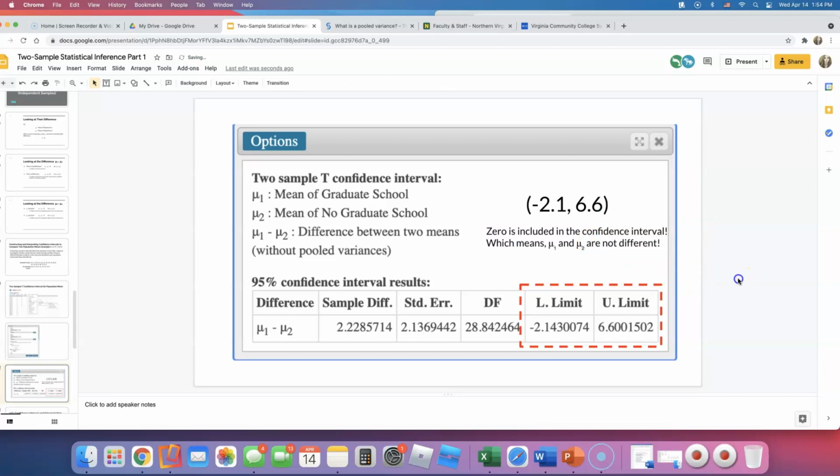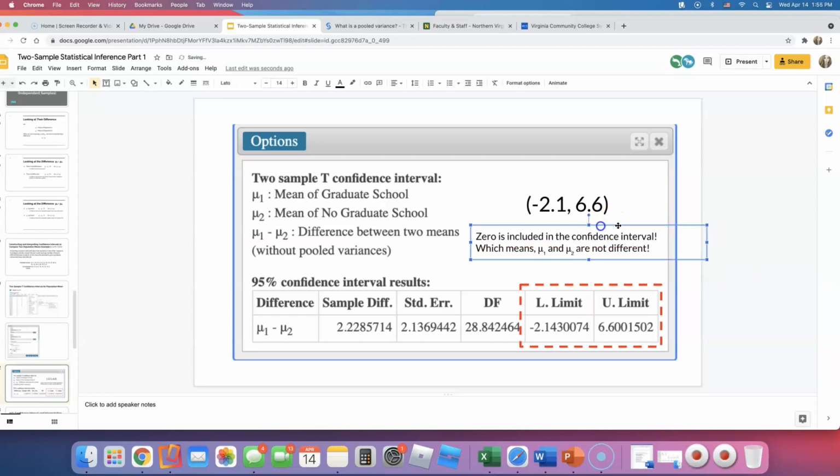Okay, so what does that mean? I thought they were going to have different study patterns, people who plan on going to graduate school and people who don't plan on going to graduate school. But our confidence interval says with 95% confidence, we know the true population difference is going to be between negative 2.1 hours and 6.6 hours.